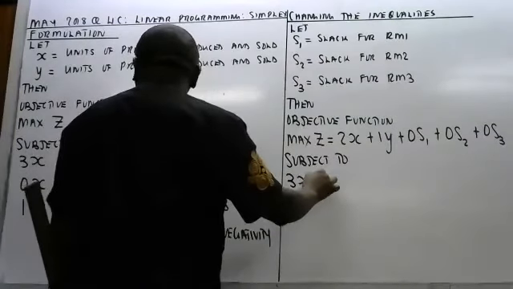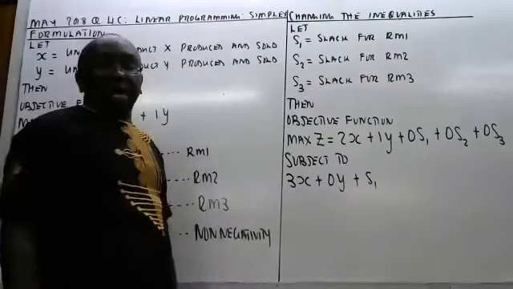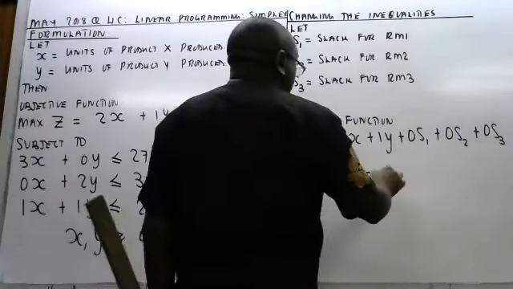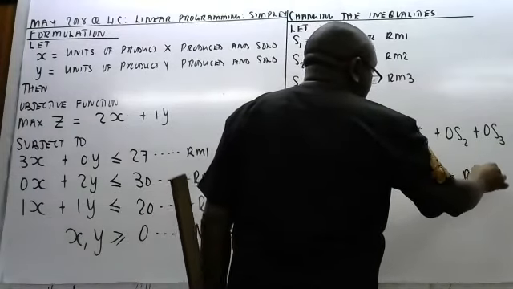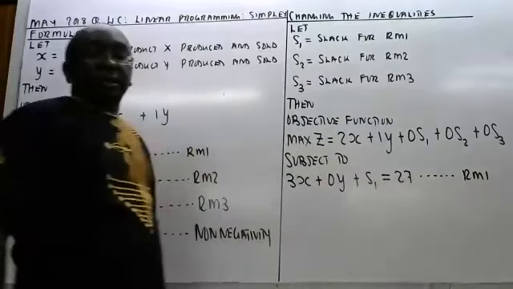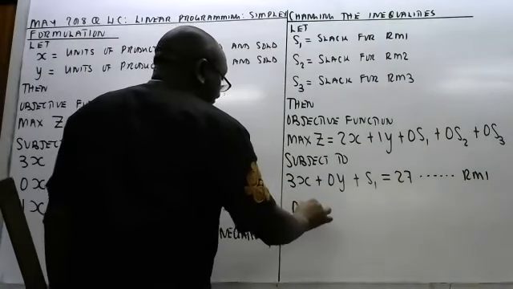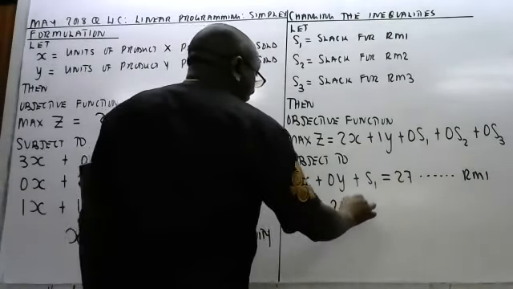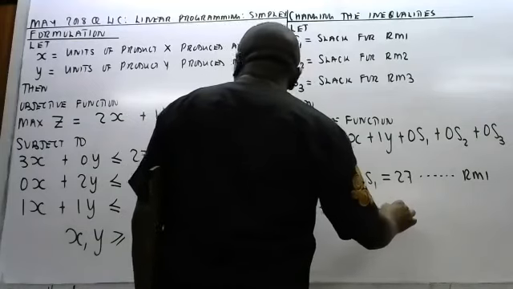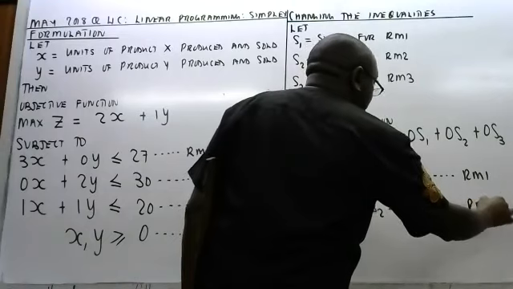Now this is subject to 3X plus 0Y plus S1 is equal to 27. And this is raw material 1. Then 0X plus 2Y plus S2 is equal to 30. And this is raw material 2.